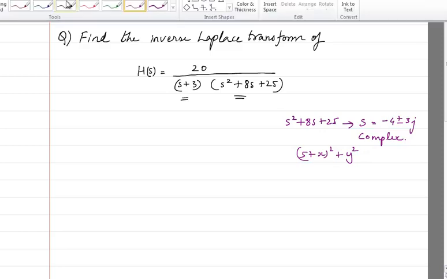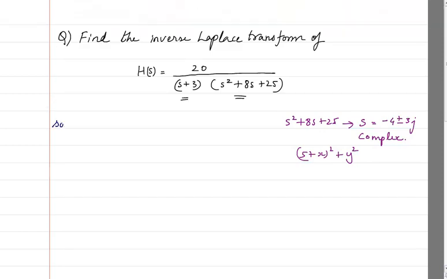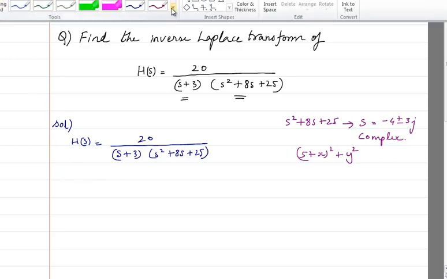So the solution, what I will do is, first I will write Hs is equal to 20 divided by s plus 3 into s square plus 8s plus 25. I have to write it in partial fraction form, so let me write that statement, otherwise it will not be good.